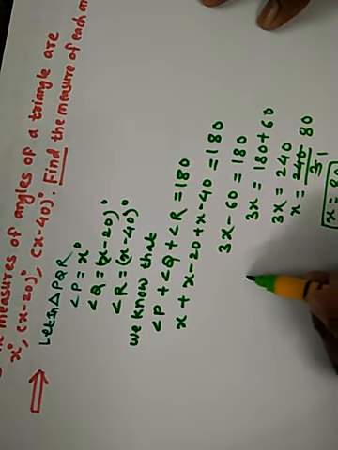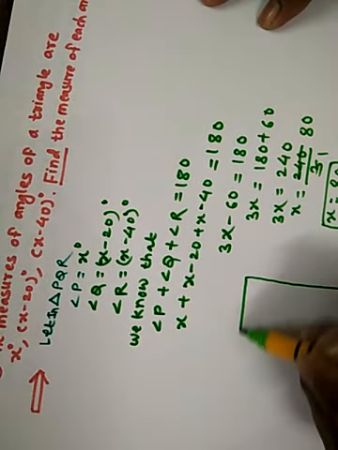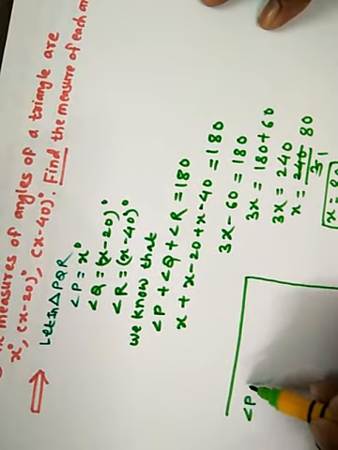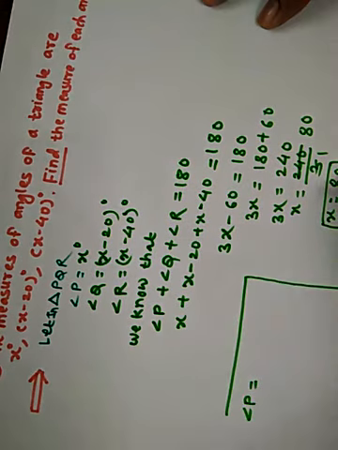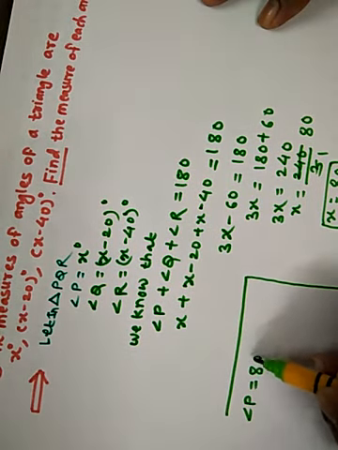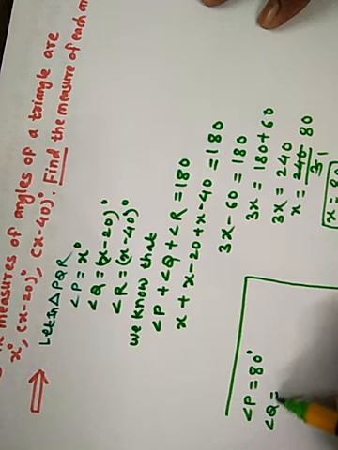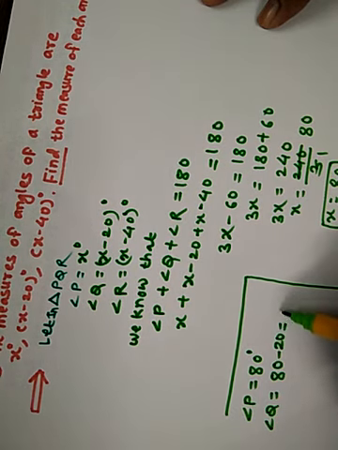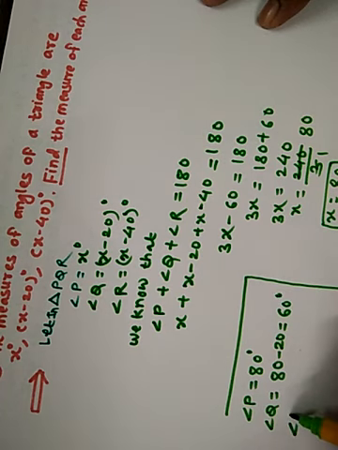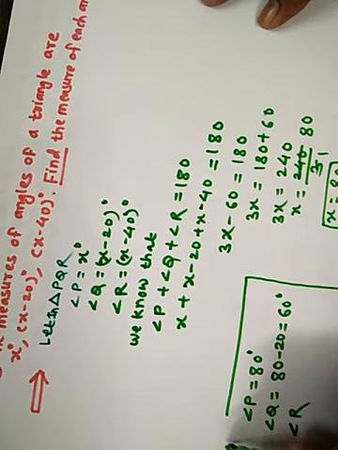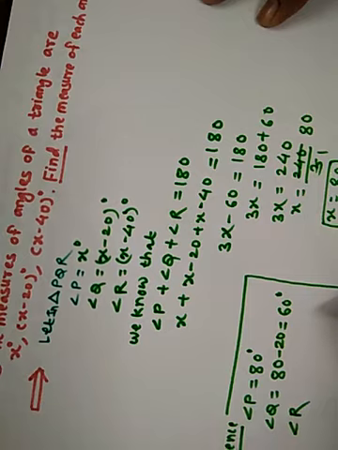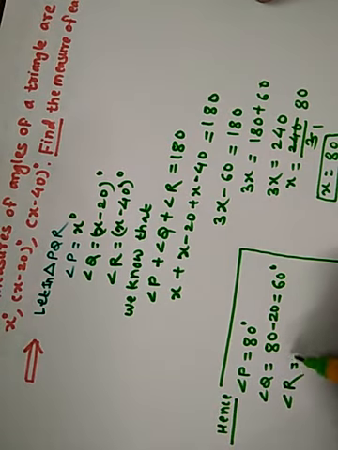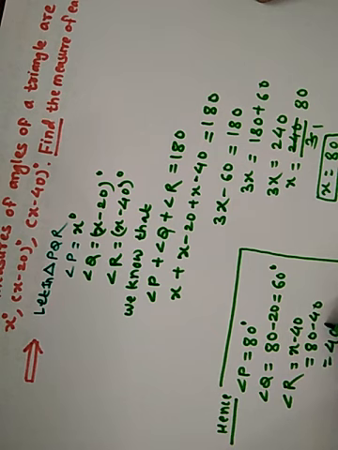Now we find our aim, the value of angle P. The value of angle P is x, which means 80 degree. The value of angle Q is x minus 20, which means 80 minus 20 gives 60 degree, and the value of angle R is x minus 40, which means 80 minus 40 gives 40 degree.